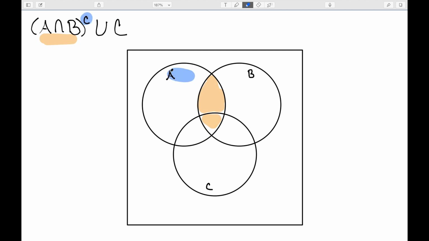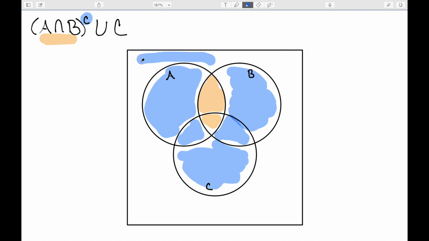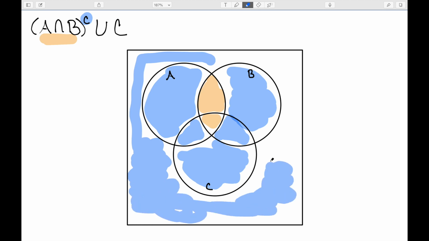So what I really want is everything that's not shaded in orange, which would be this piece here that's just in A, the piece A and C share, just C, the piece that B and C share, the piece that's just B, as well as the outside box. The stuff that's in neither A, B, nor C. So all of this stuff here.